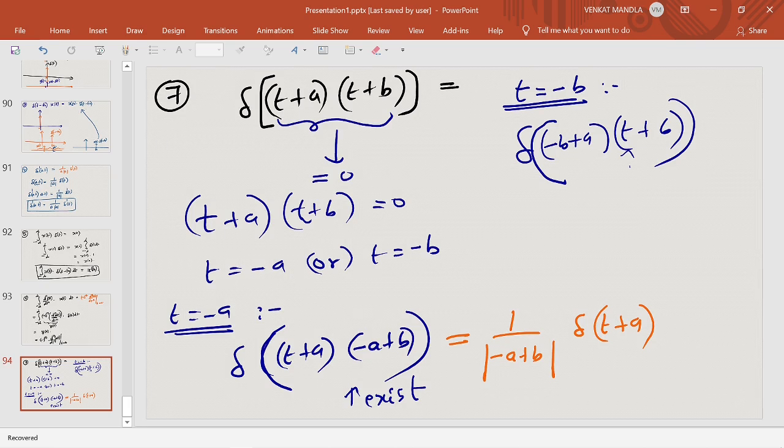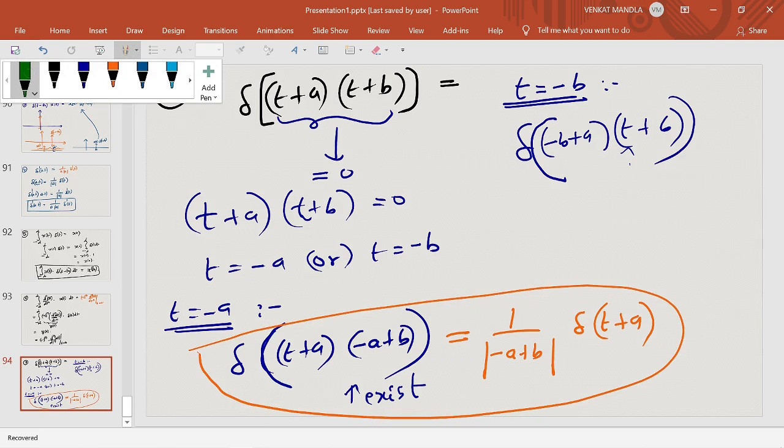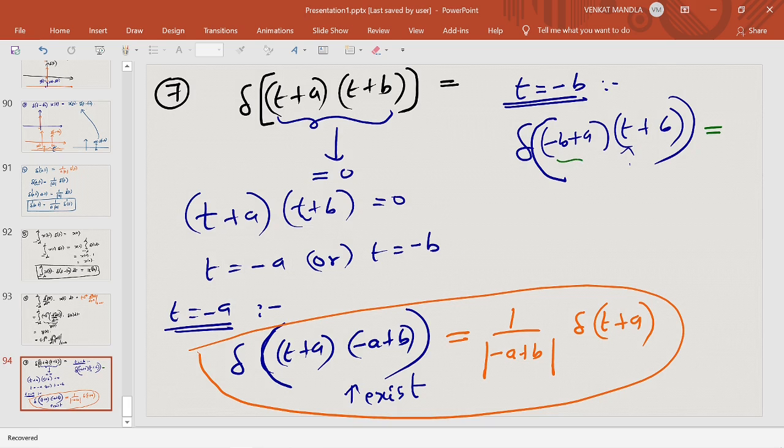And here, this is the constant term and this is δ(t+b), so 1/|−b+a| times δ(t+b). These are the existing signals, and they exist at t equal to minus b and t equal to minus a only. And what are those signals? This one and this one.